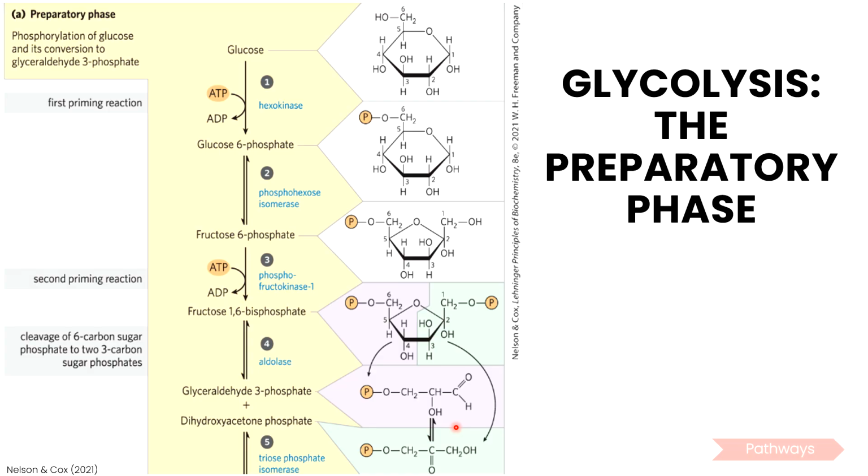As a result, for every 1 glucose that enters glycolysis, we now have 2 molecules of GAP moving forward into the payoff phase, which we're going to see on our next slide. But this is important because from this point forward, the reactions that we're going to see occur twice for every glucose molecule, okay?